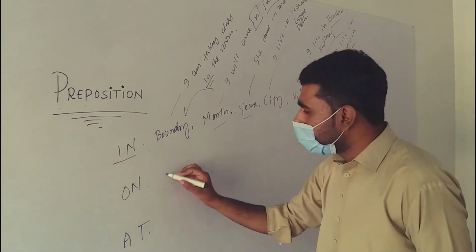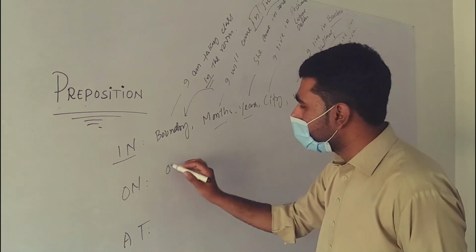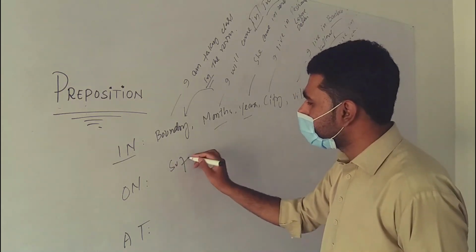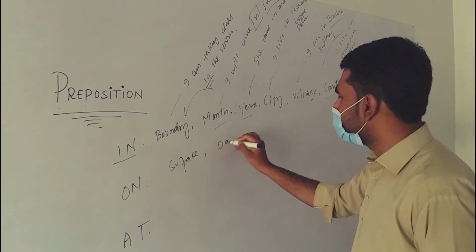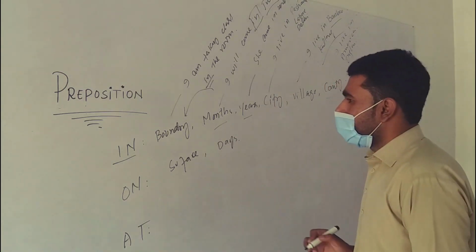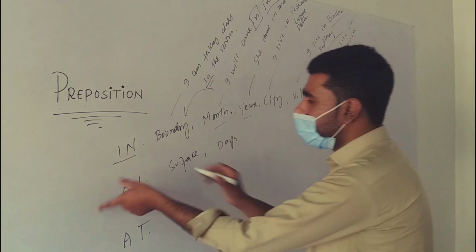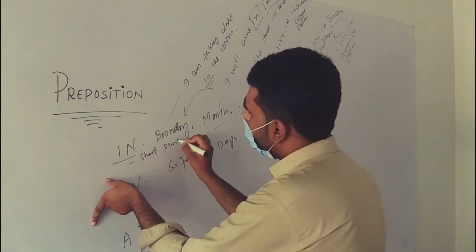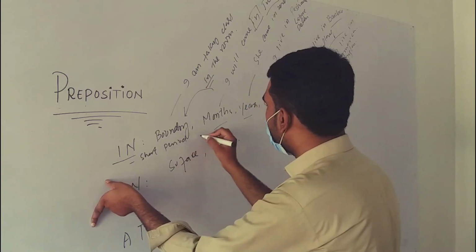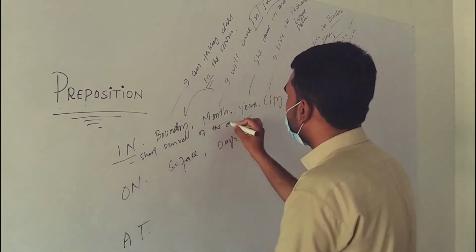Now we should come to on. So on we use for surface, days, and yes, I forgot one thing, we can also use in for short periods of the day.